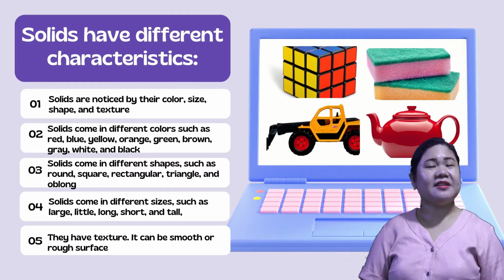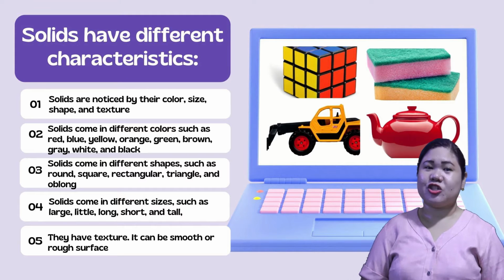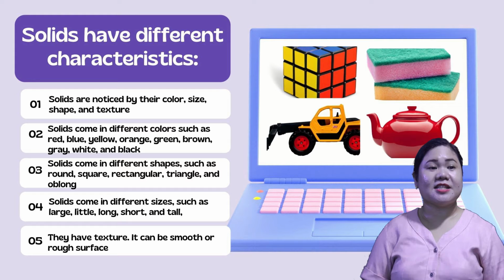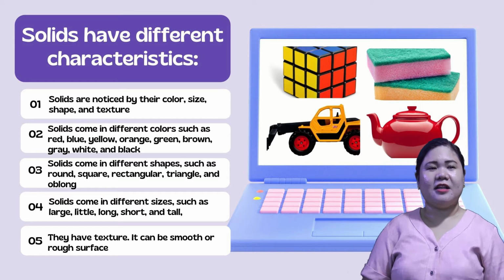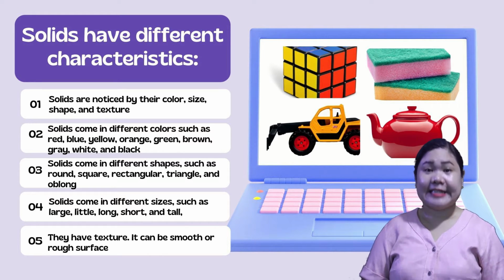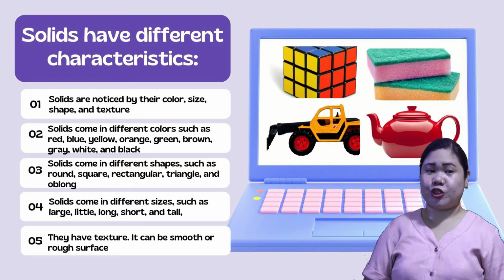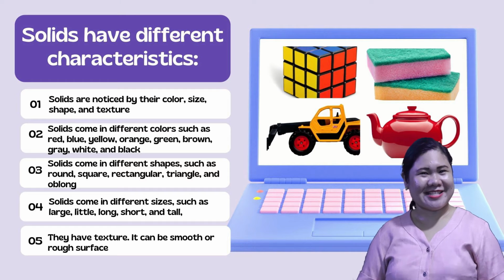Solids come in different shapes, such as round, square, rectangular, triangle, and oblong. And solids come in different sizes, such as large, little, long, short, and tall. They also have texture. It can be a smooth or rough surface.